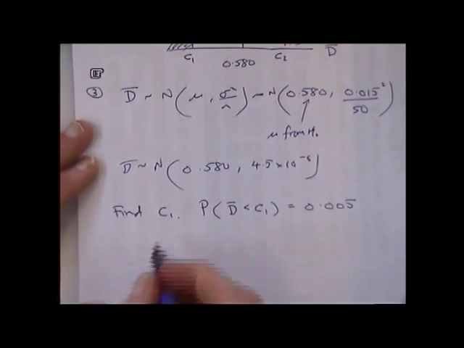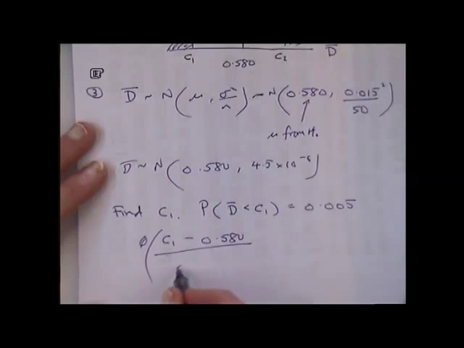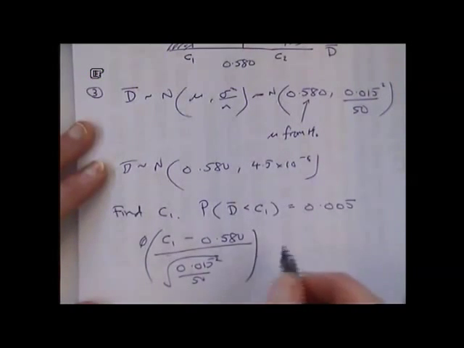So if we go into our phi notation, it's going to be phi of C1, our critical value, minus the mean, over this square root of sigma squared over n, which you've already told me is that number up there. And I'm going to put that equal to 0.005.